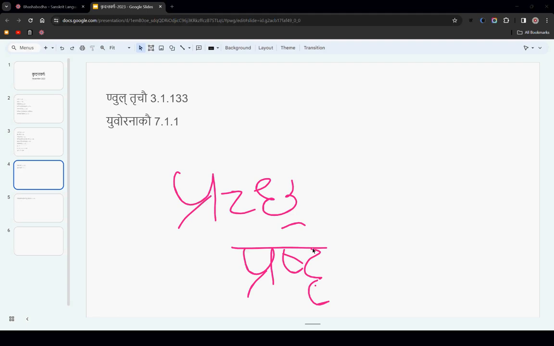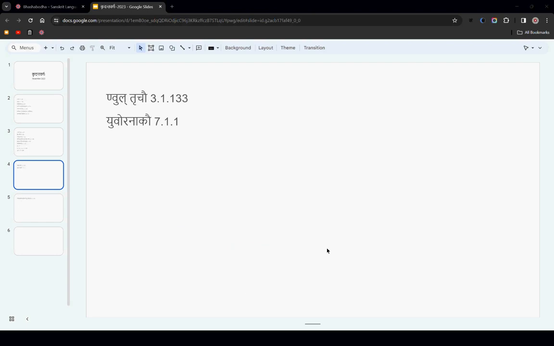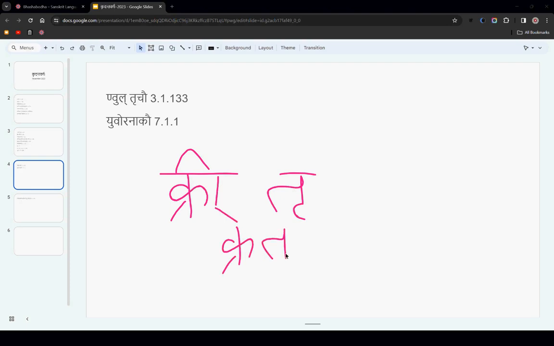One who asks questions. Datru, data. Da dhatu, da plus tru, datru, data, one who gives. Then kri dhatu, krinati. So kri plus tru, kreta, one who buys. If you add vi, it becomes vikreta, one who sells.